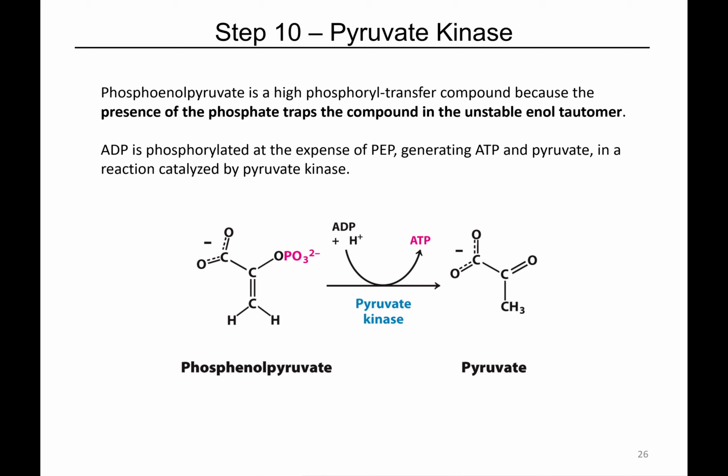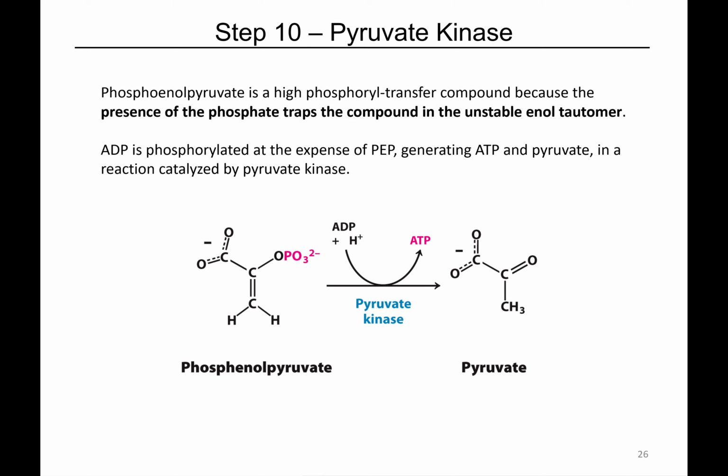The phosphate is transferred from phosphoenol pyruvate onto ADP because PEP has a higher phosphoryl transfer potential than ATP does, so it goes in the direction that we want. Remember glycolysis? The whole point is to create high energy phosphate compounds to make ATP. This is the second one.